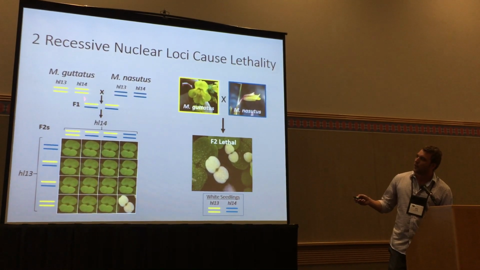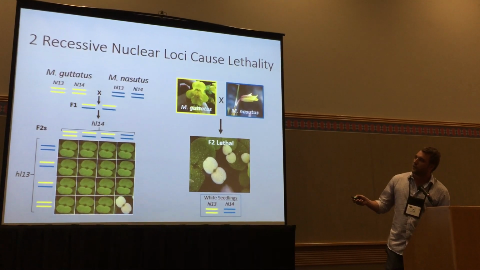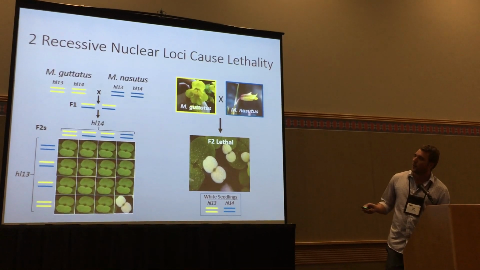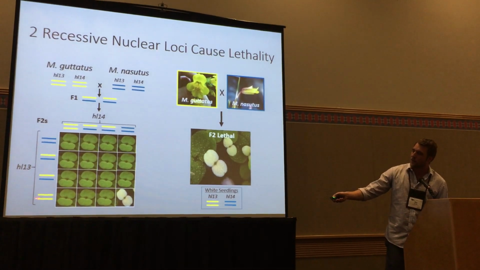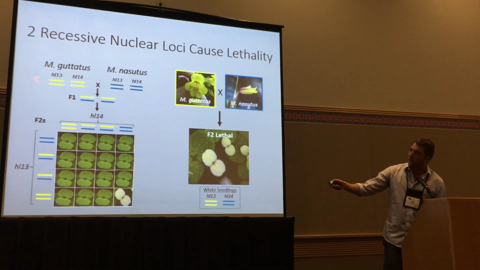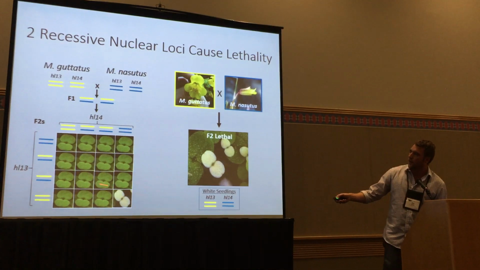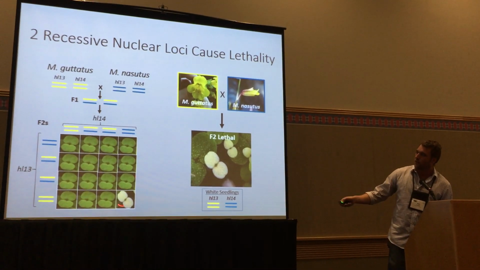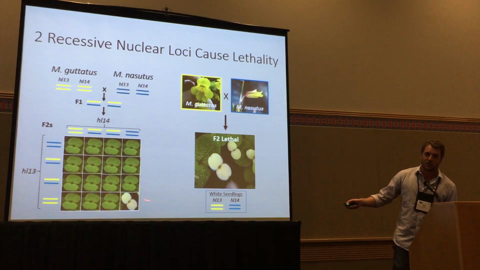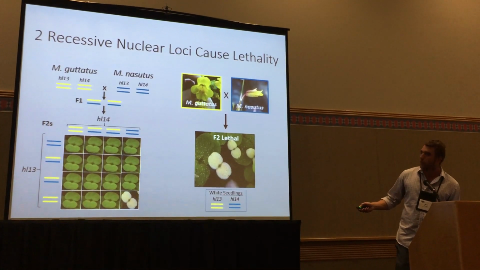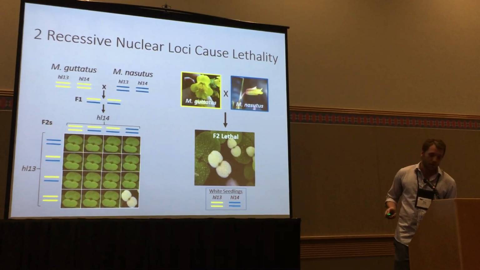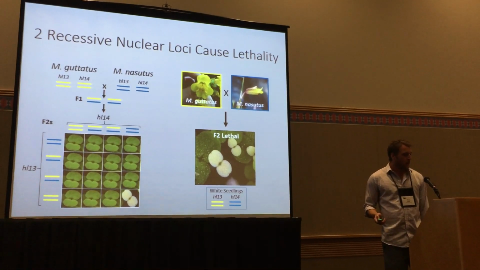These are the loci for nasutus and guttatus: guttatus always yellow, nasutus always blue. If you're homozygous for guttatus alleles at the locus on chromosome 13, and homozygous for nasutus alleles at 14, you always die. This is a completely lethal genotype, and that defines what causes white seedlings.